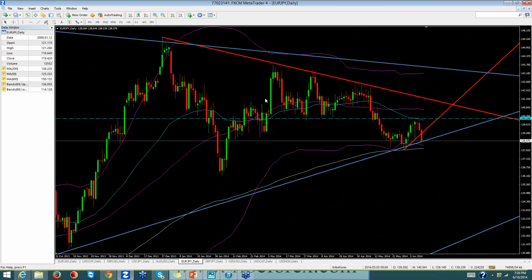Right now down to the daily, and you can see that we're sitting right on this area of support here on the euro yen.